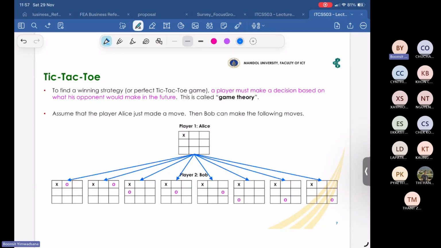This is a turn-based game, a basic board game. So in this case, if Alice places her mark in cell 0,0, then Bob can place his mark O in any of these positions. Since there are 9 positions, Bob will have 8 positions to play.